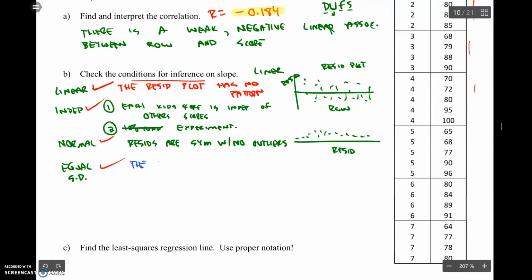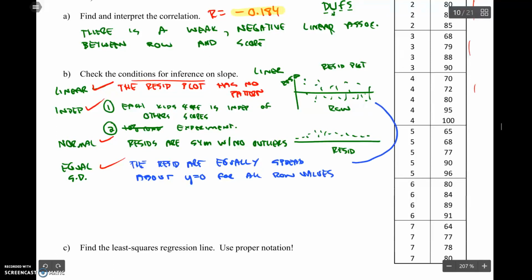The residuals are equally spread about y equals 0 for all row values. I'm commenting on this graph right here.